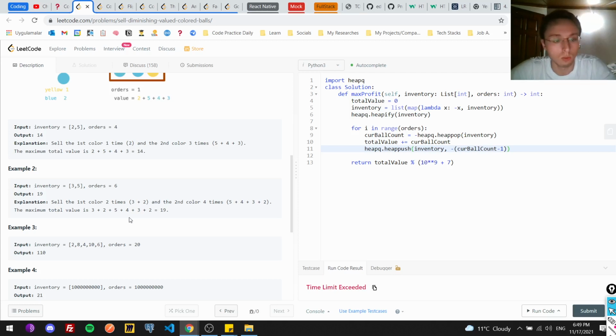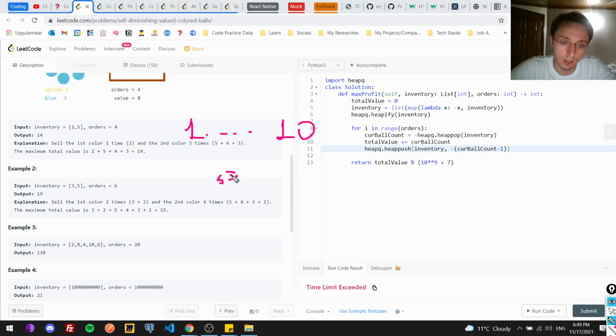So if you sum from 1 to n, right? So 1 to 10 is 5 times. No, it is 10 times 9 divided by 2. This is 45.